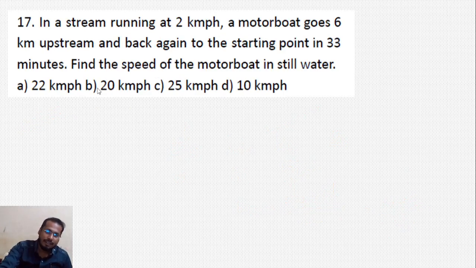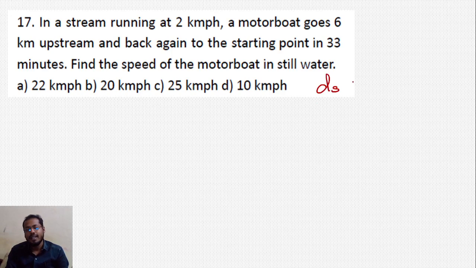Right. Look at this. This is the big question, I need to solve by a very slow method. Okay, please listen carefully for this. In a stream running 2 km per hour. First I am going to write downstream speed, upstream speed, boat speed, and stream speed. 2 km per hour is what?